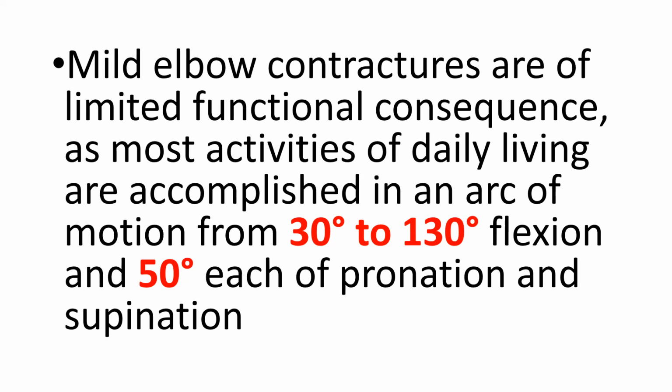In function, we need 30 to 130 degrees and 50 degrees each of pronation and supination. If we pronate and supinate, it reaches nearly 90 degrees in each action, but we don't need it. We need only 50 degrees.